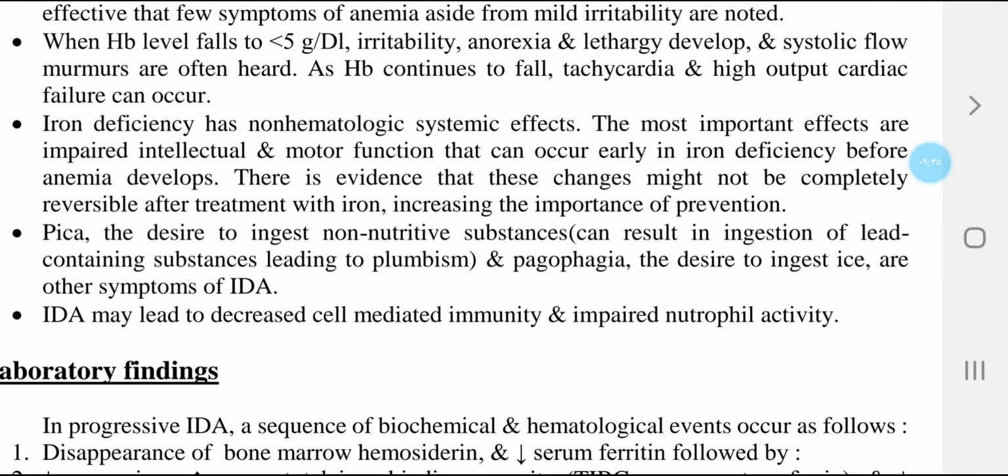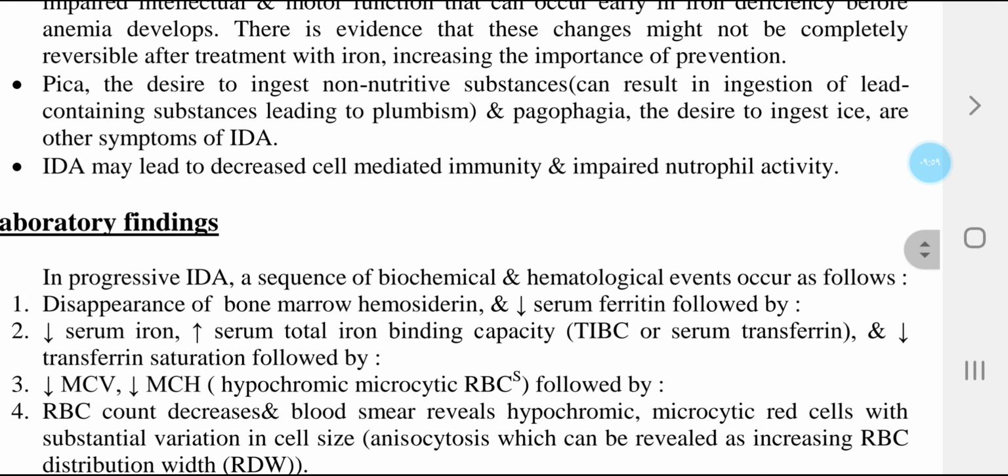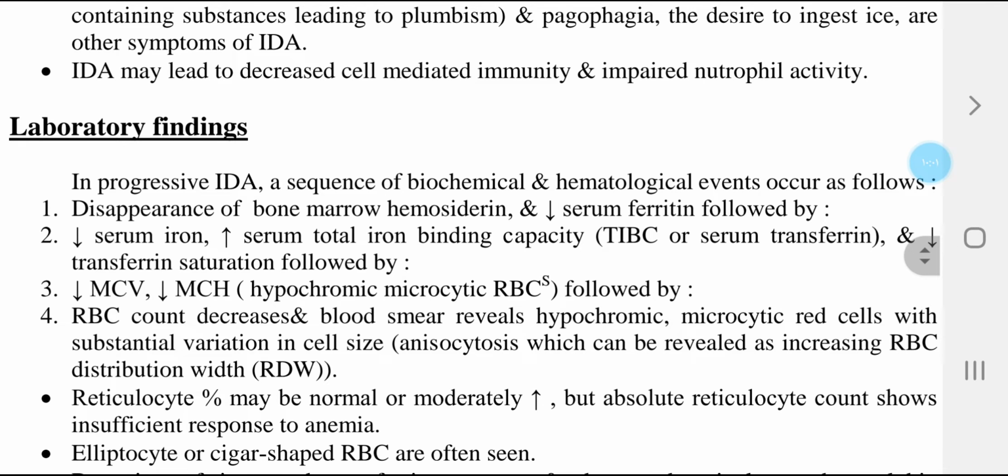Pica, the desire to ingest non-nutritive substances, can result in ingestion of lead-containing substances, leading to plumbism. And pagophagia, which is the desire to ingest ice, are other symptoms of iron deficiency anemia. Iron deficiency anemia may lead to decreased cell-mediated immunity and impaired neutrophil activity and increased incidence of infection.